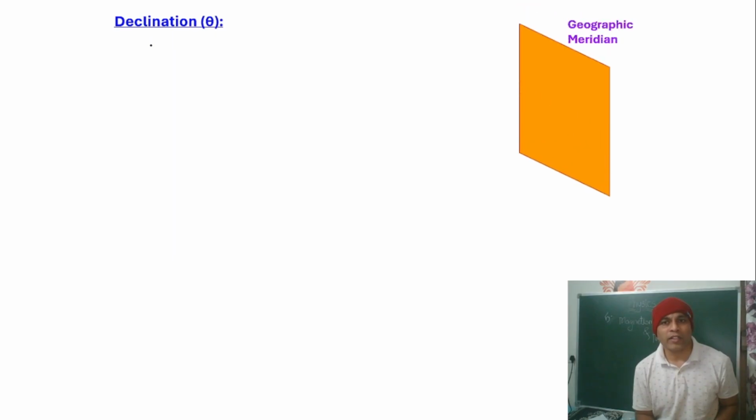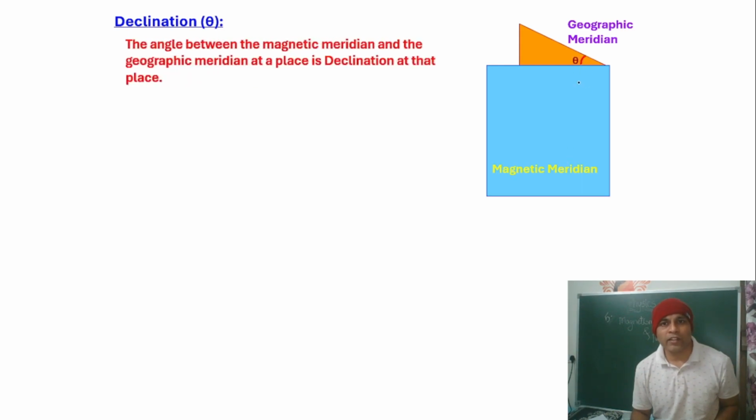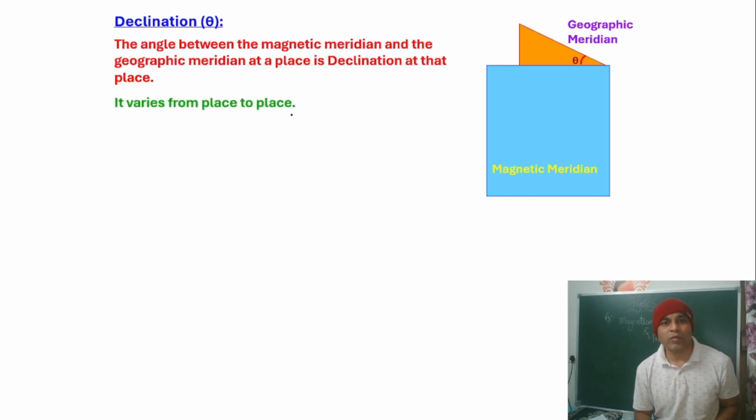So that declination theta we are going to calculate here. The geographic meridian is here, the magnetic meridian is here, and the angle is theta. The angle between the magnetic meridian and the geographic meridian at a place is called declination, and it varies from place to place.